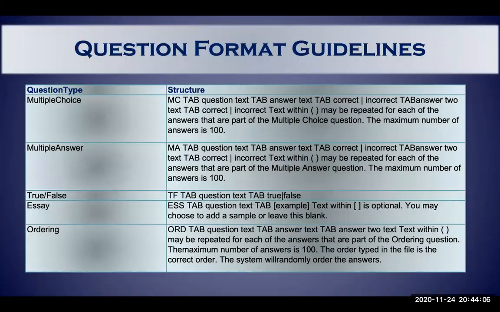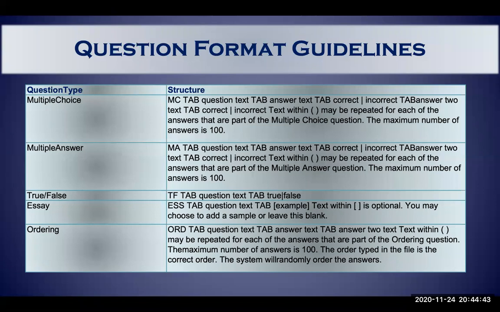Here is a sample for preparing a multiple choice file. The structure would be MC. You need to start in column 1 with MC, then tab, question text, tab, answer text, tab. Every portion, you need to press the tab to move to the next column, or if you are adding the questions in Word, you need to press the tab to differentiate all the characters.